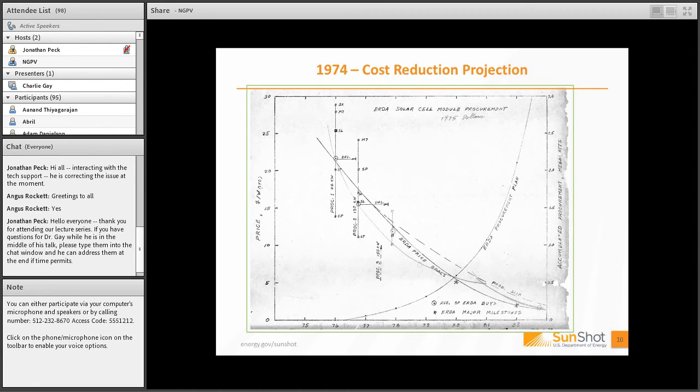Gene originally started as an engineer at Hoffman Semiconductor, which was the first company to start commercializing solar cells, and then was one of the co-founders of Heliotech, which then merged together to form Spectrolab.